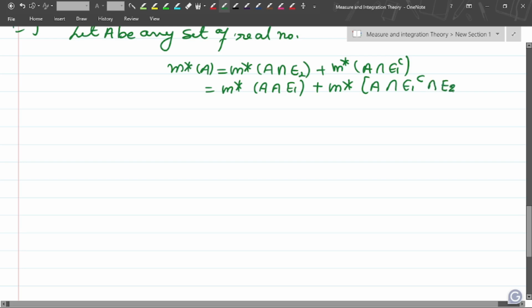intersection E2. Okay. Now that we have written in this way, after writing the like terms, you will get this.